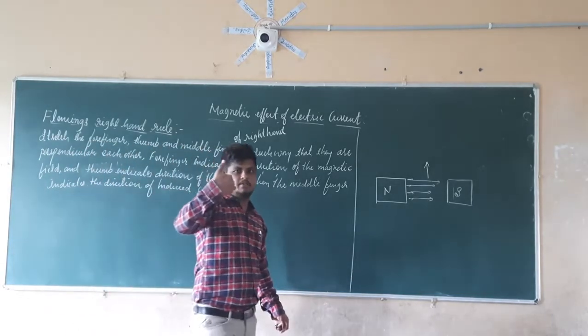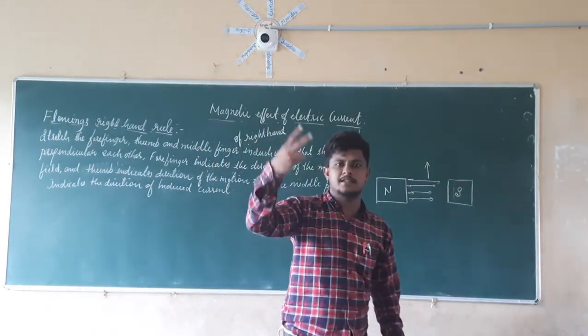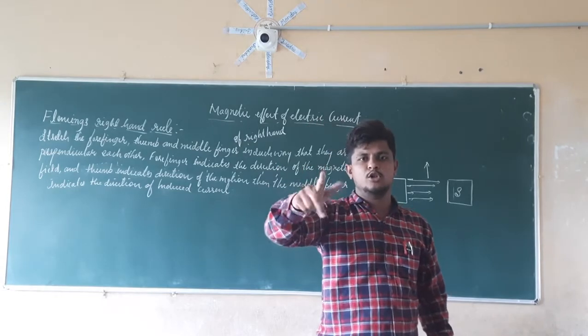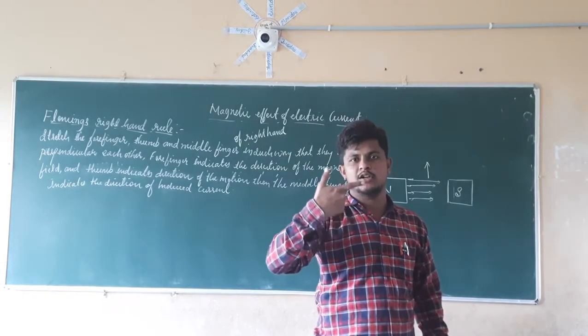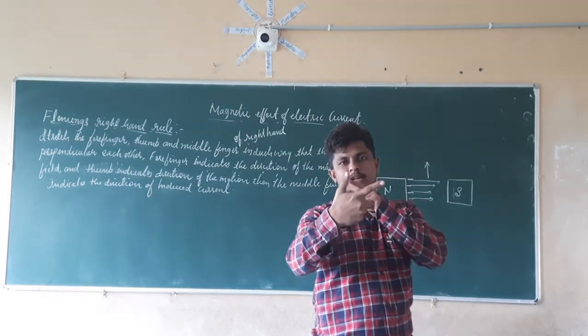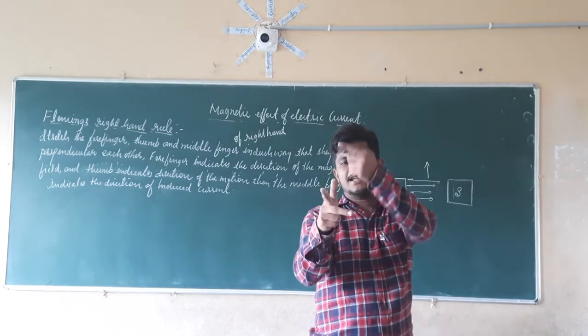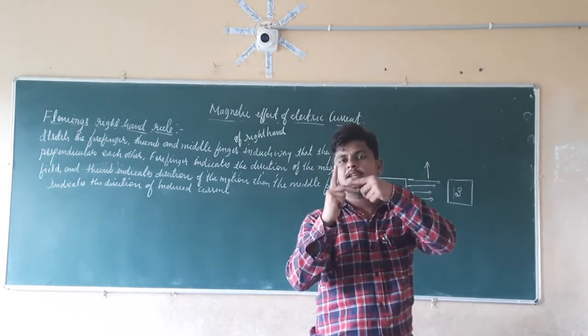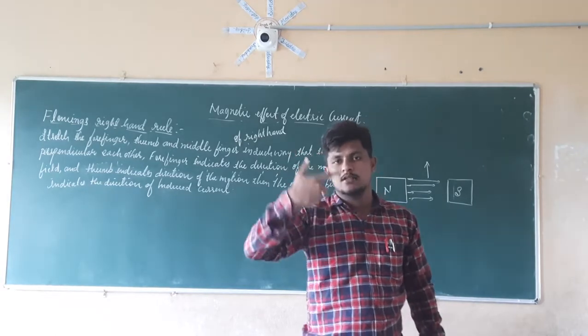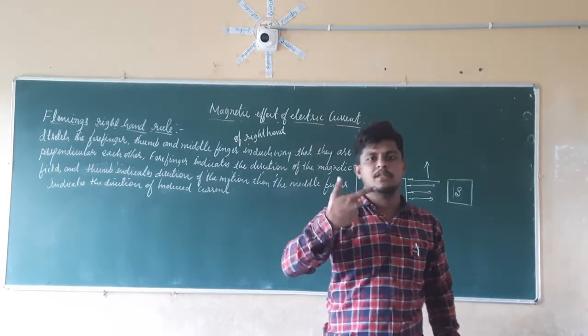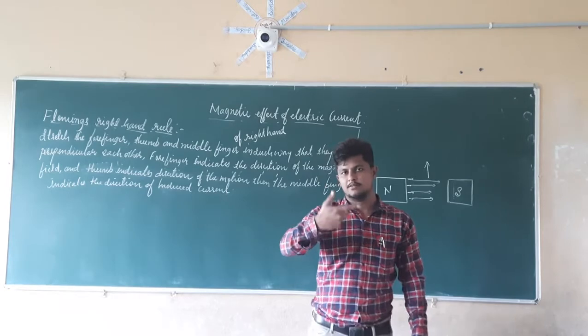So this is the thumb, this is the forefinger and this is the middle finger. We have to stretch all of them in such a way that they are at right angles to each other. See here, it is a right angle. They are always perpendicular to each other. Right.